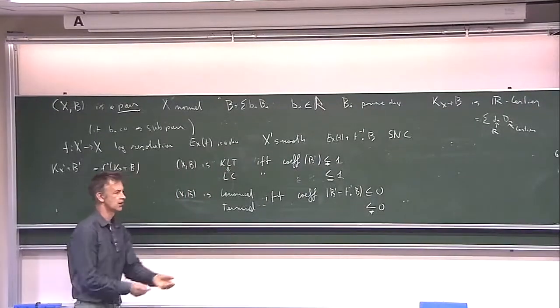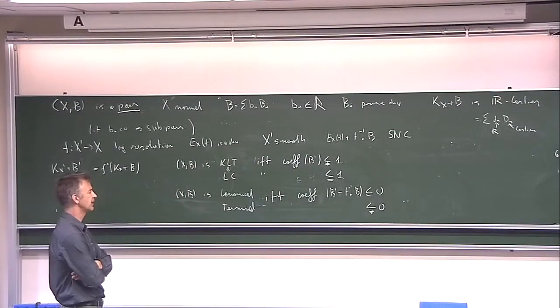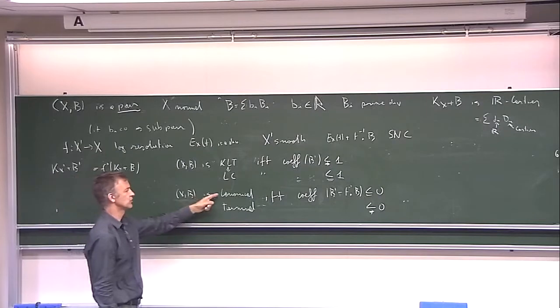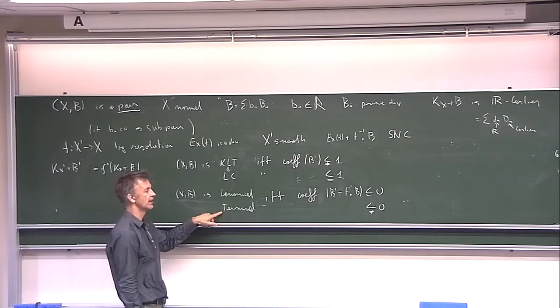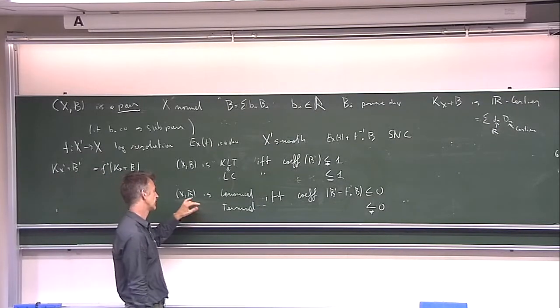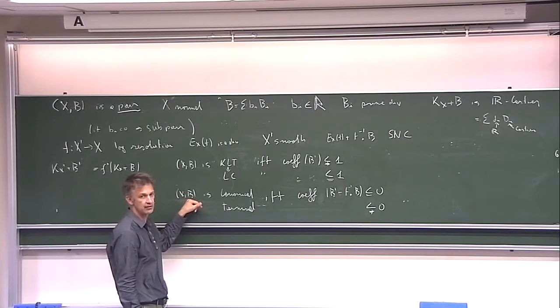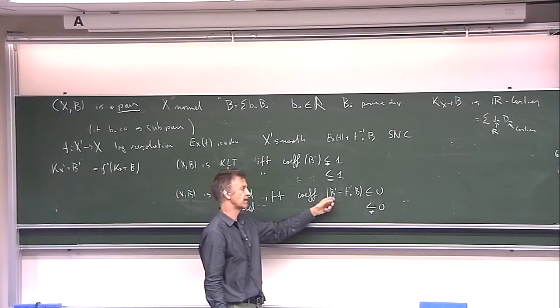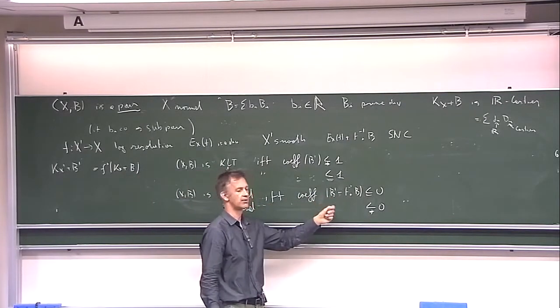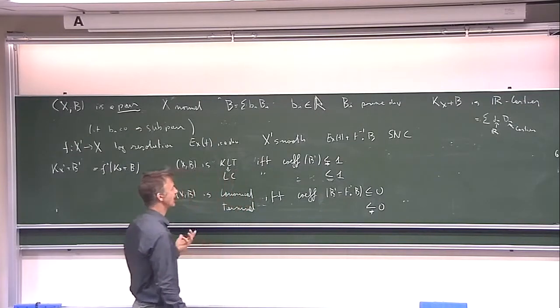Okay, so typically for canonical and terminal singularities, we think of having empty boundary, in which case I'm saying that the whole of B' is less than or equal to 0, or the whole of B' is strictly less than 0.